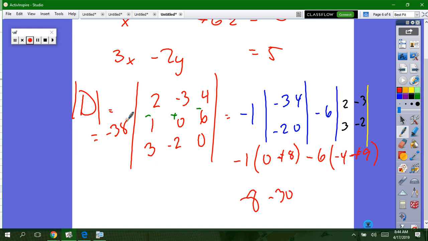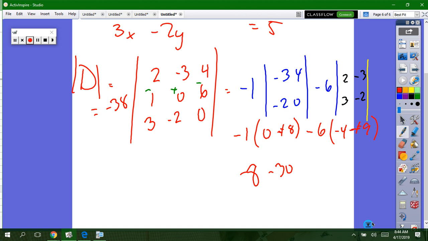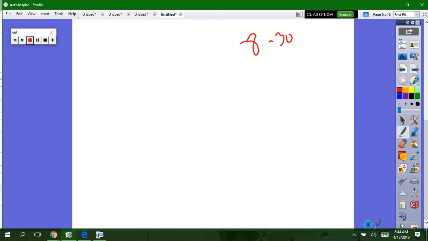Now we also have to find who else? Dx, Dy, Dz. Okay, we've got to find all three of them. Yes? What does Dx mean? I'm going to replace the answers for the x column, correct? The answers for the x column.